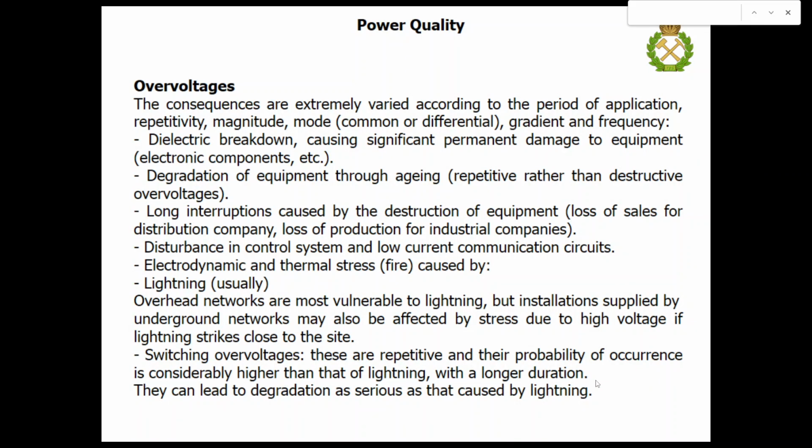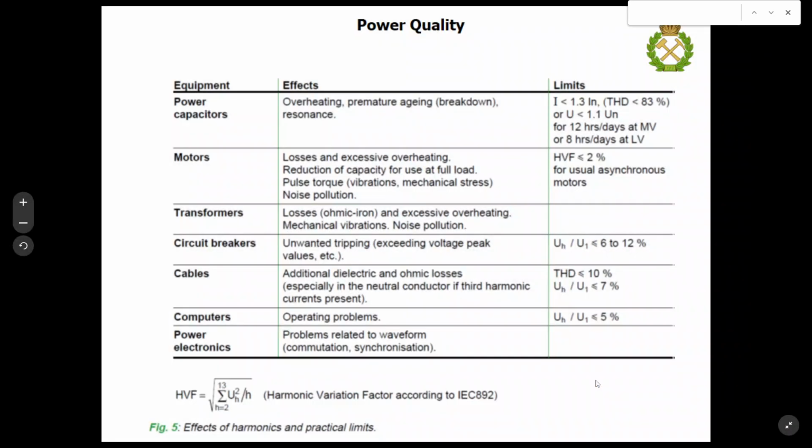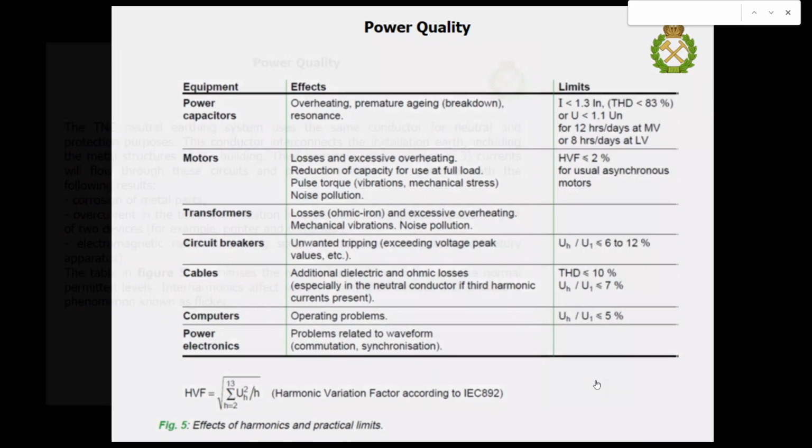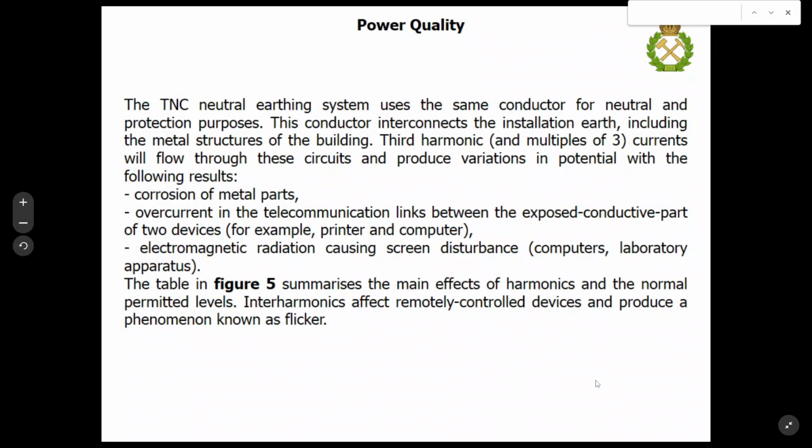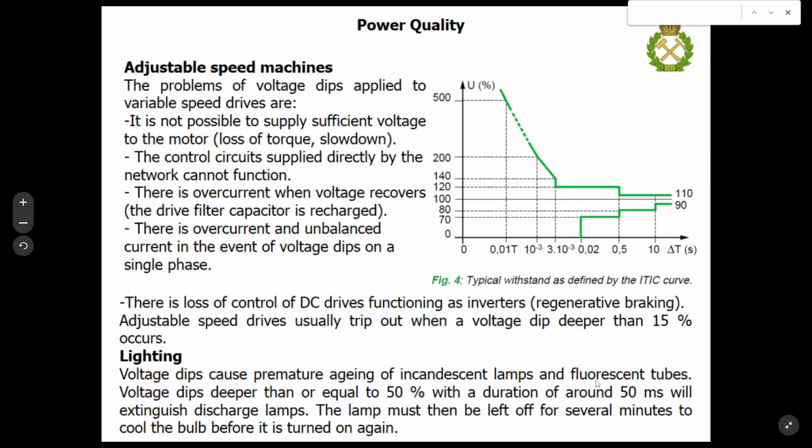First of all, overvoltages are presented by some lightning processes, some switching overvoltages as the consequence of some switching of high power loads in power supply systems, and some effects of harmonics also, and some other effects of poor power quality.